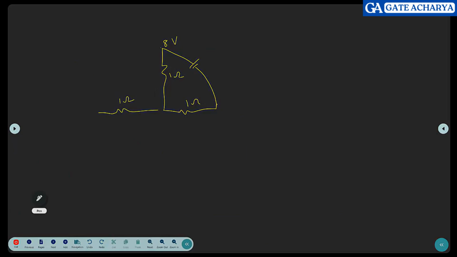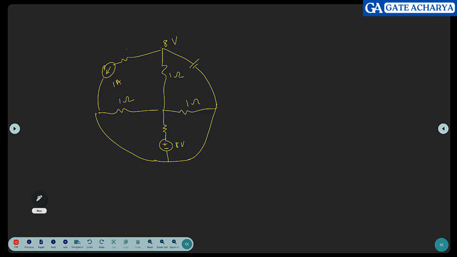And we already said that some 1 amp current is flowing through this. Some resistance is there. What made the difference is this one. So this is the situation.